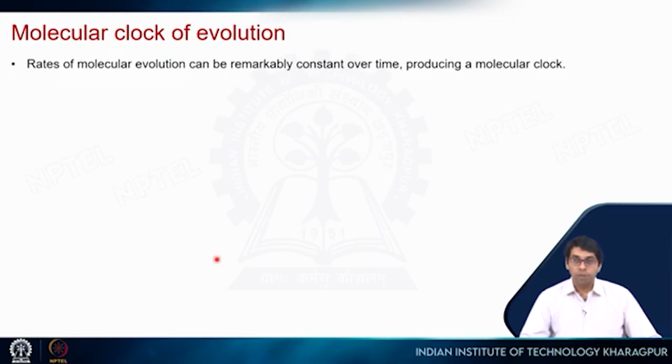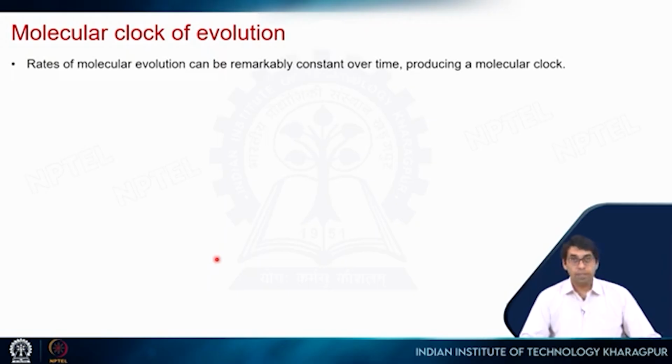If we know the rate of mutation, if that rate of mutation is not changing much over time, then if you compare two sequences and see how many changes have happened, you can sort of get an estimate of time that, okay, it took this much time to gather this many mutations.